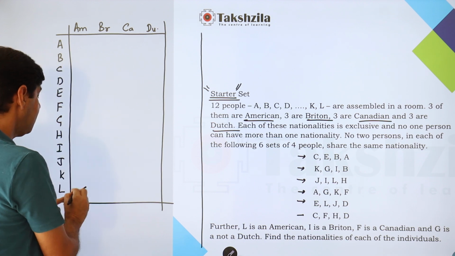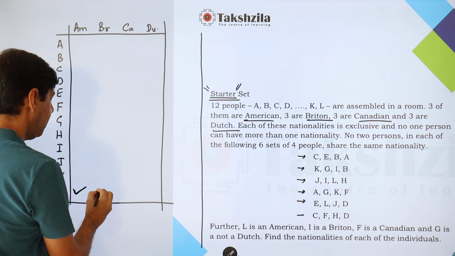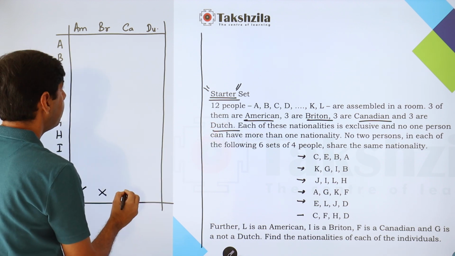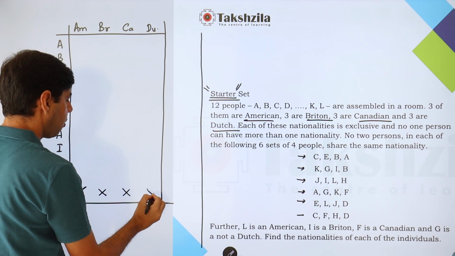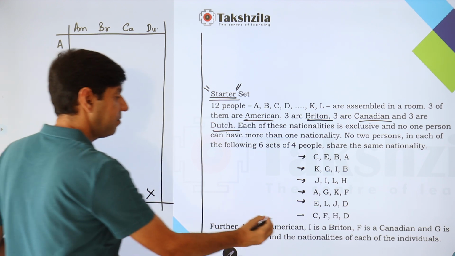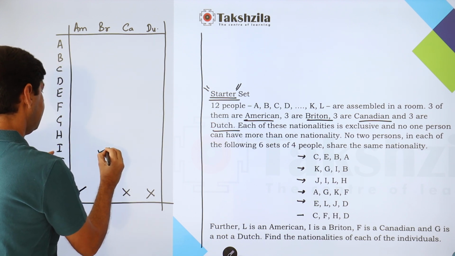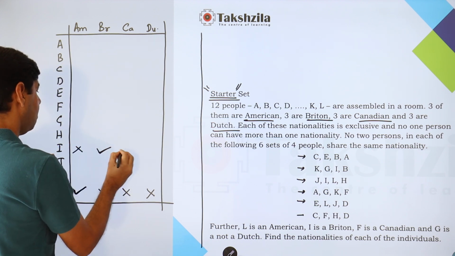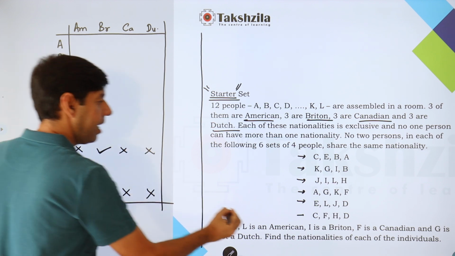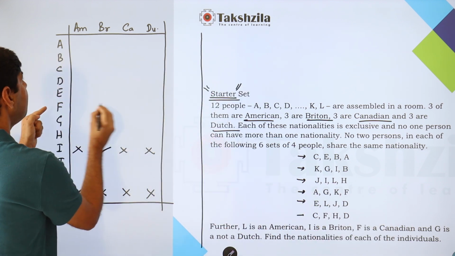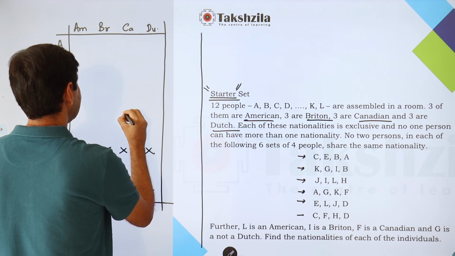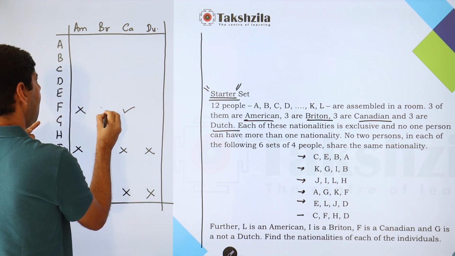The moment a person is a particular nationality, he cannot be the other nationalities. So wherever there's a tick in a row, all other cells are crosses. I is a Briton, so that is a Briton. The moment you put a tick, there's a cross in all the others. F is a Canadian. So I have 3 nationalities here straight.